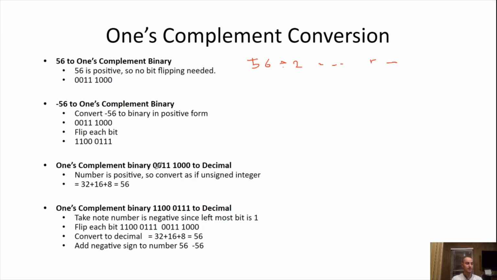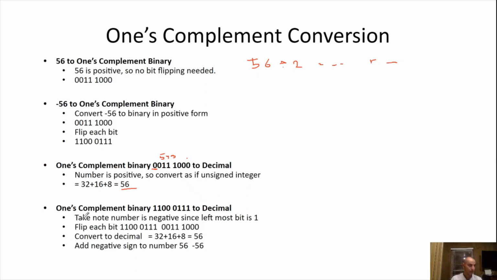So we look at this leftmost bit, that's a sign bit, and that's a 0, so that means it is a positive number. And when we want to get it to decimal, we basically do the same indexing. So 0, 1, 2, we have a 3, 4, and 5. So we get 32, 16, 8. Add them up, you get 56. So that's your decimal number.